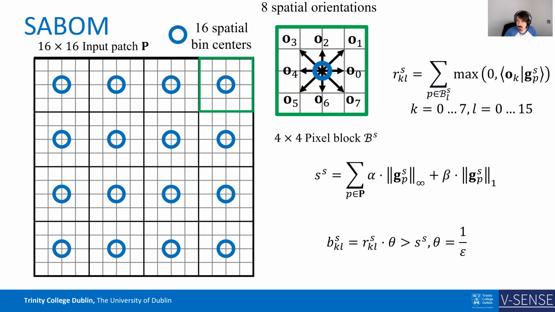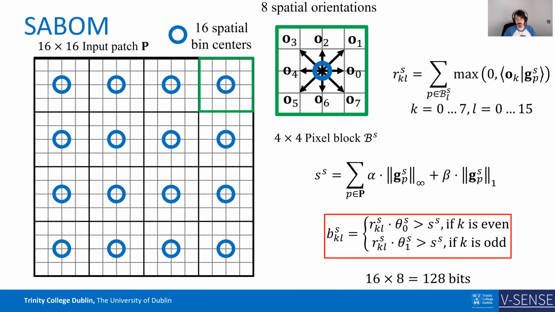So the normalization factor S is moved to the right-hand side of the inequality to avoid computing the actual division by S. And the thresholding parameter, here noted theta, is moved to the left-hand side of the inequality. And because epsilon is small and smaller than 1, theta will be big enough so that it can be approximated with an integer. And in the end, we can carry out the whole computation using only integer arithmetic without any division.